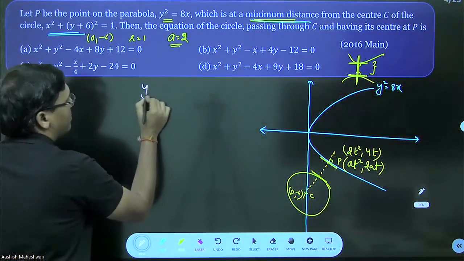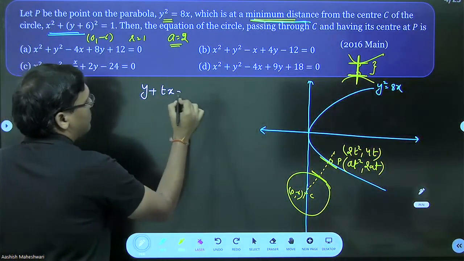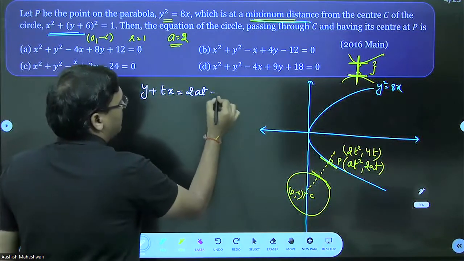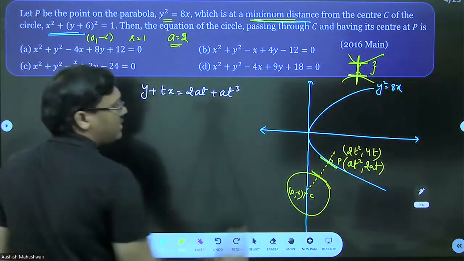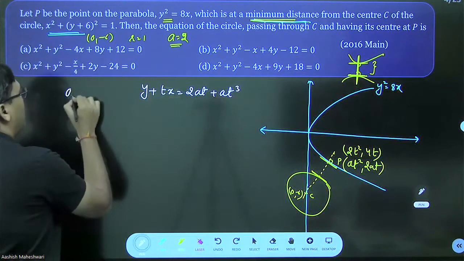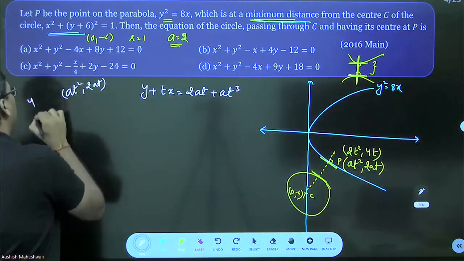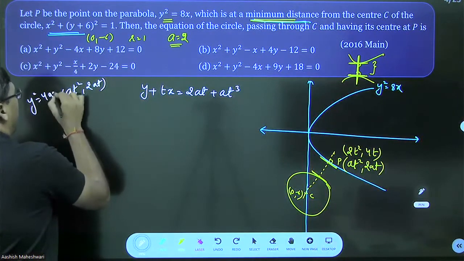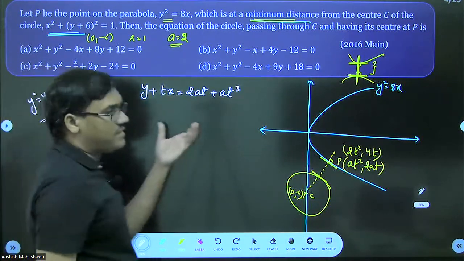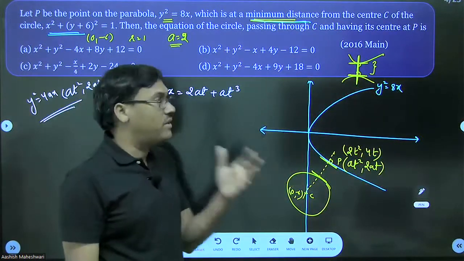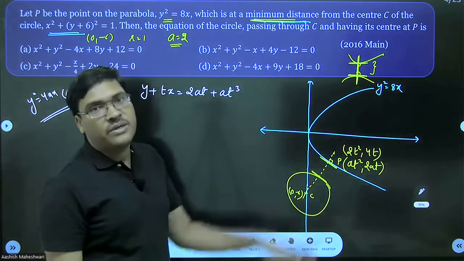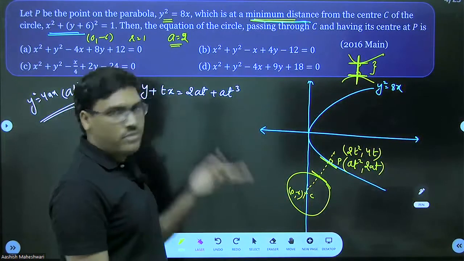This is y plus tx is equal to 2at plus at cube. This is the equation of normal at a point at square comma 2at on the parabola y square equal to 4ax. So I hope you remember this, and if you don't, please remember this, very important. Otherwise you have to calculate the complete thing. Okay, it will save your time if you remember this.